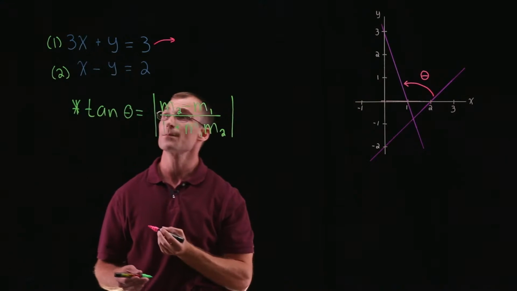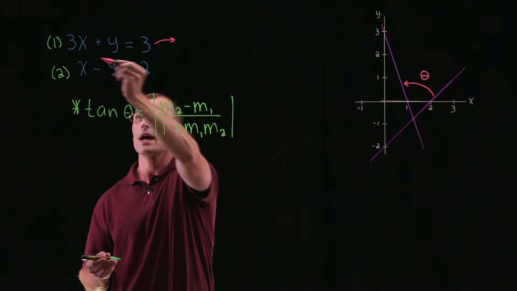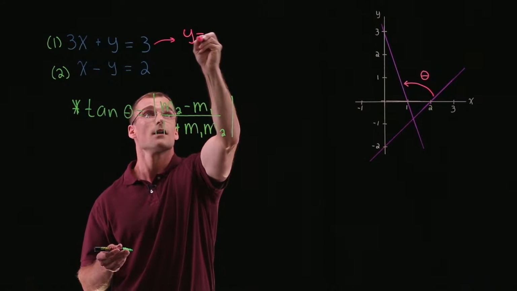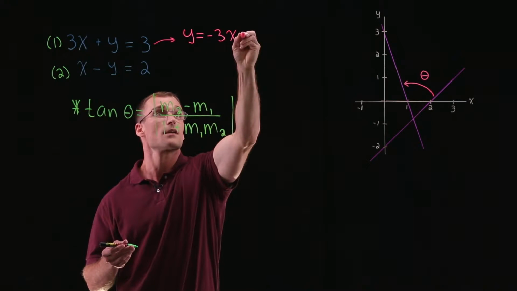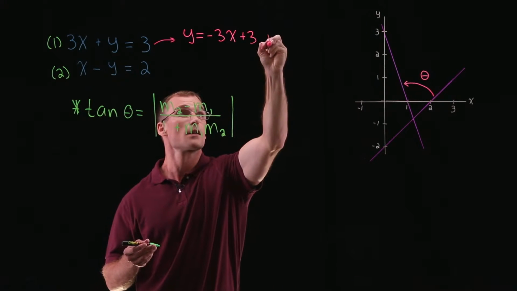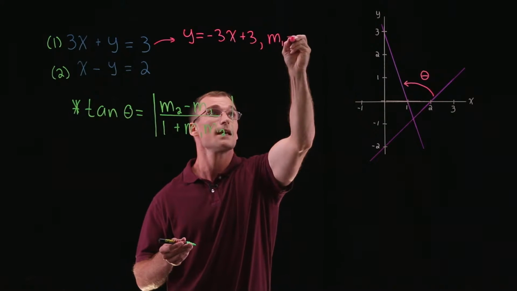For our first equation, all we have to do is subtract 3x over, and that gives us y equals negative 3x plus 3. So our m1, the first slope, the number being multiplied with x, is negative 3.